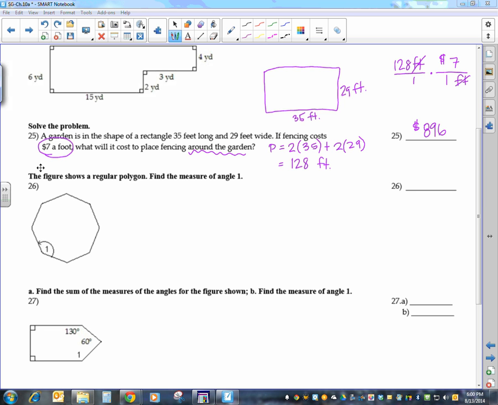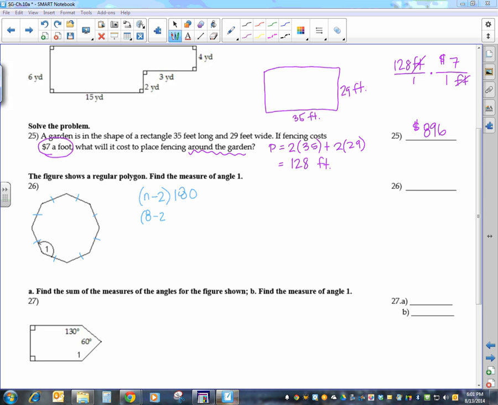Okay, last two problems. The figure shows a regular polygon. Find the measure of angle 1, which is one of the angles of the polygon. So remember that all of them add up to a number that we can get by this formula: n minus 2 times 180, where n is the number of sides. So we have 1, 2, 3, 4, 5, 6, 7, 8 sides.